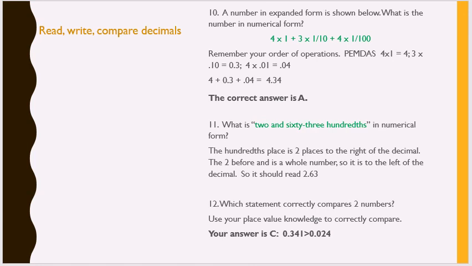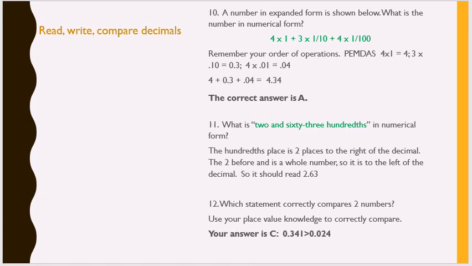There is no division. Addition is next. So you take your 3 answers that you just came up with to your multiplication statements, and you add them. 4 plus 3/10 plus 4/100ths. And your answer then is 4.34, or 4 34/100ths. The correct answer is A.